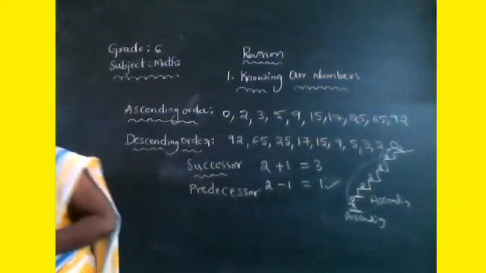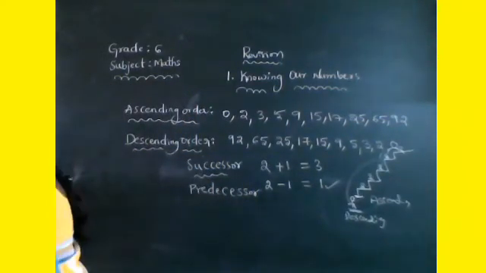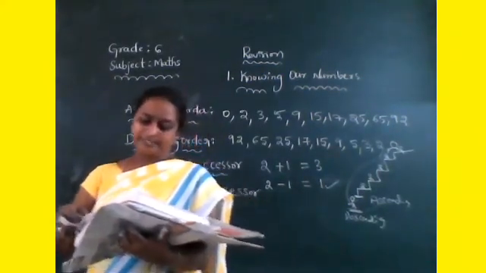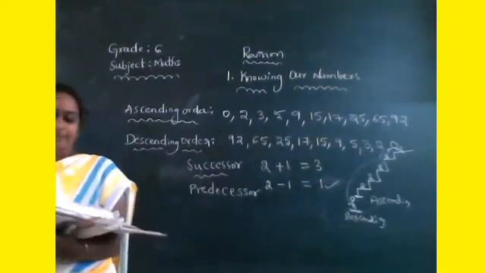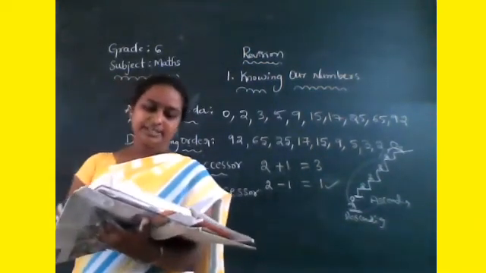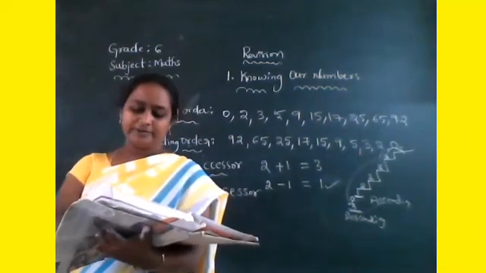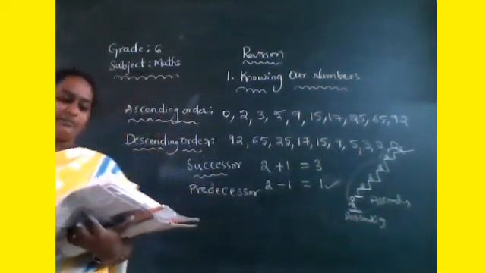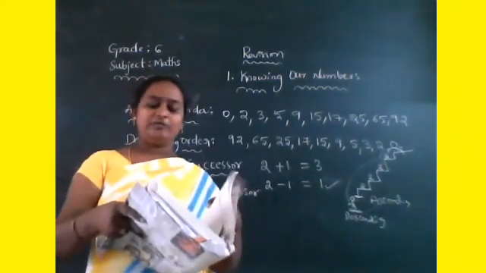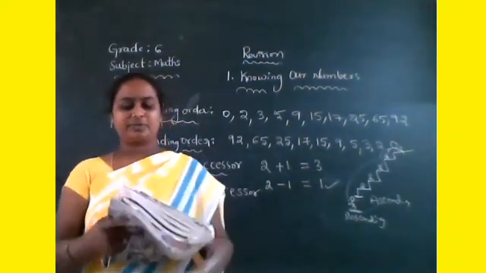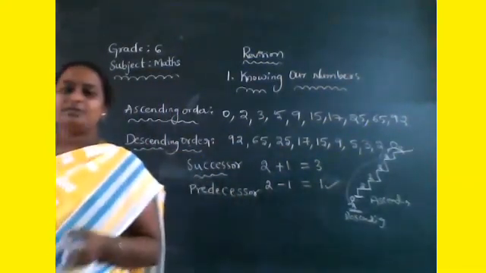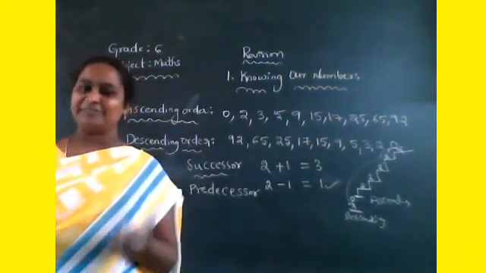In the textbook also you have many problems. So next page number 2, 3, and page number 5. You have to do it yourself. Okay children? Right.